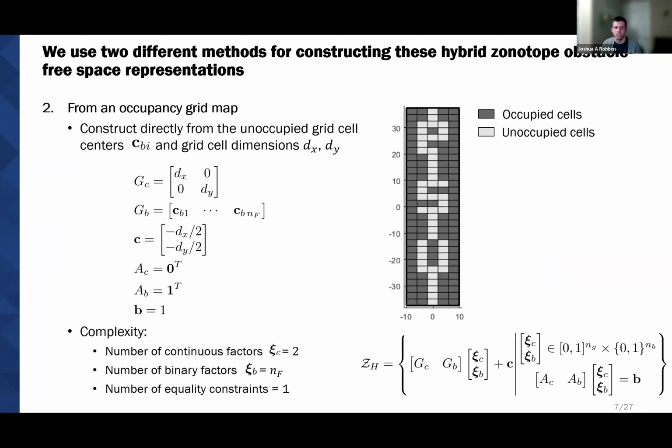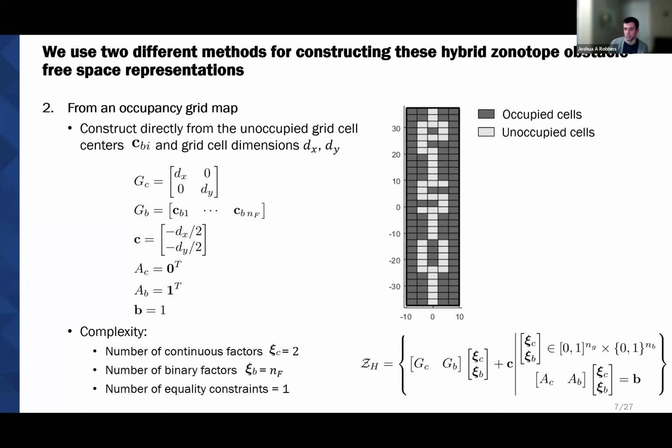And then additionally, we consider the case that the free space is represented with an occupancy grid map. And we would do this because occupancy grid maps are widely used in robotics. So an example here is this figure on the right, where we have dark gray rectangles that denote occupied cells and light gray rectangles that denote unoccupied cells. So it's a grid.